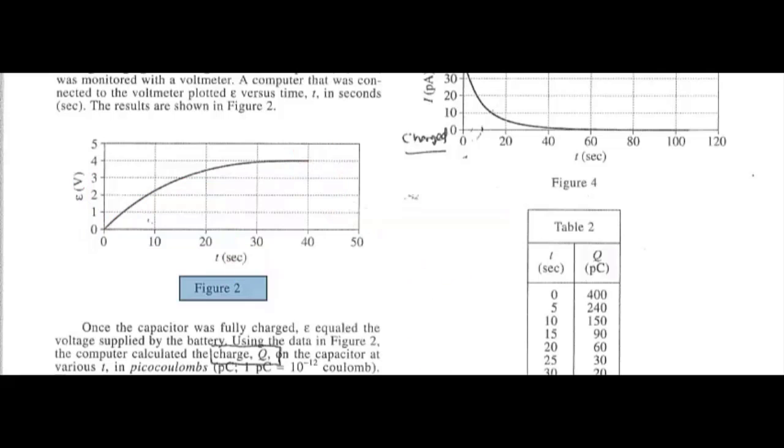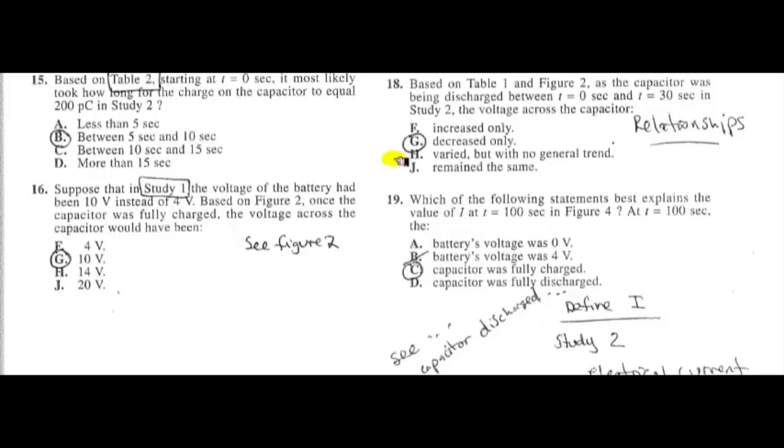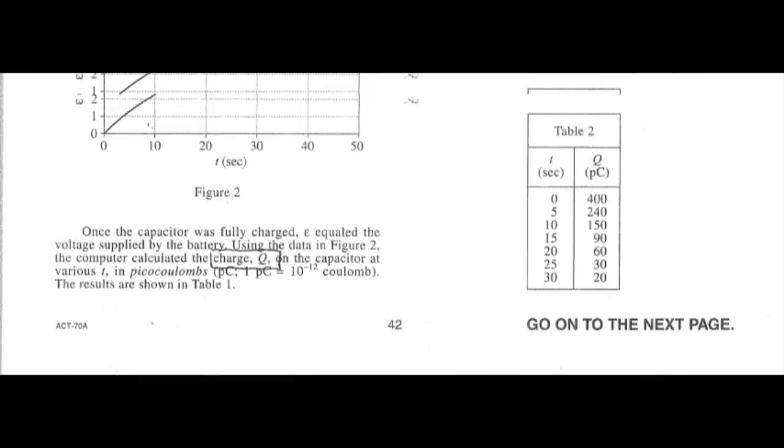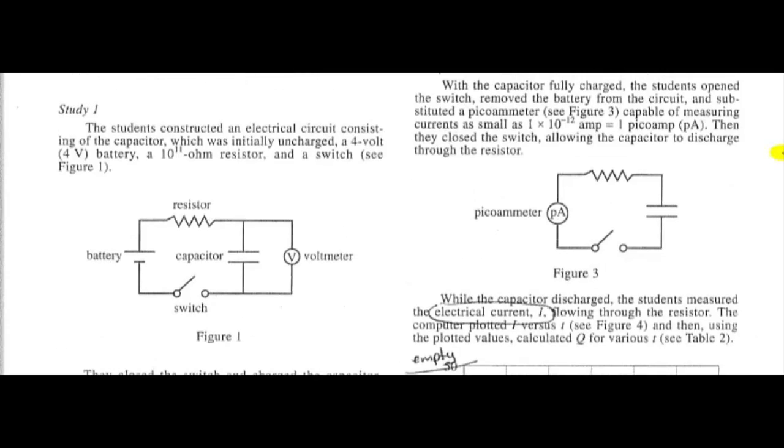The third way is to do this. Come back in here and say, I need to go to Study 2 and see what the relationship is between time and voltage across the capacitor as it's being discharged. Go to Study 2. Go up to Study 2, look at the graph. Here is Study 2.